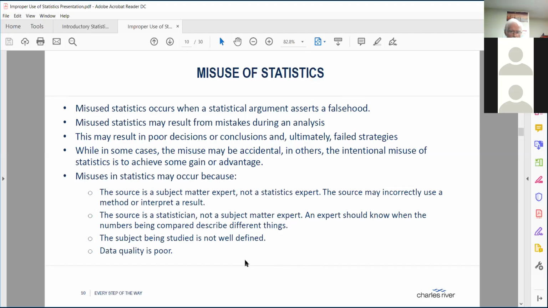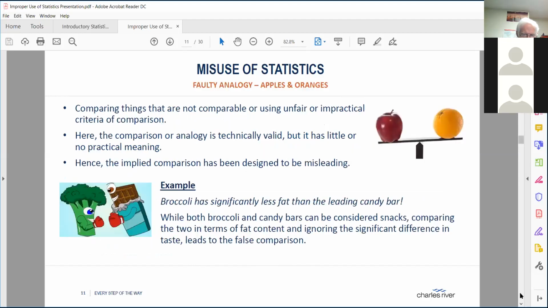The great one was the Atkins diet example we had last class, where there were these nice statistical findings, but they really had no practical value. And then, of course, if we have poor study design, not really looking at defining what we're studying, or just bad data.